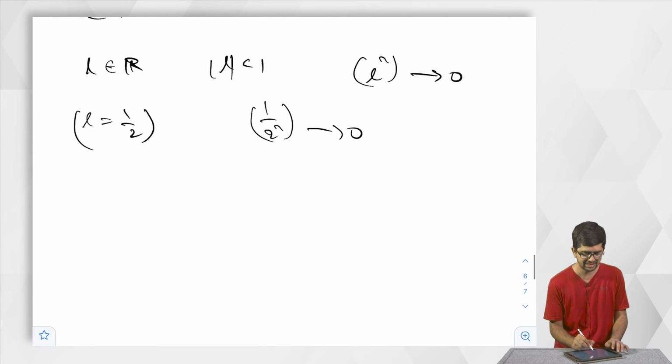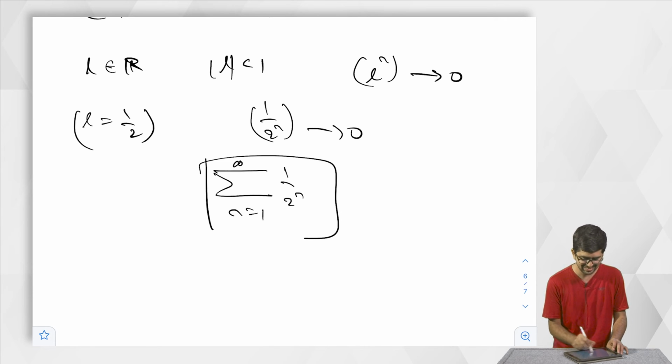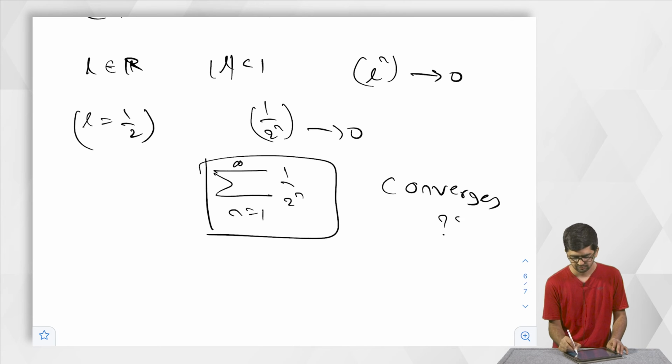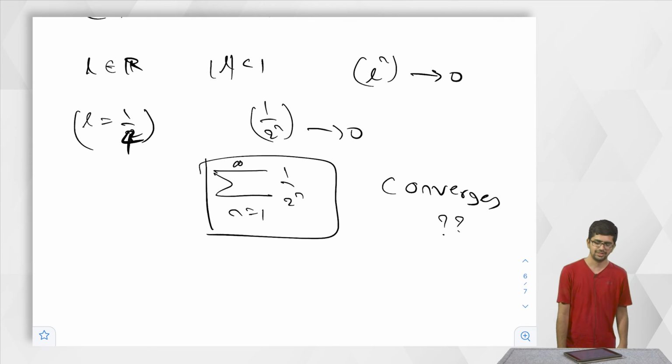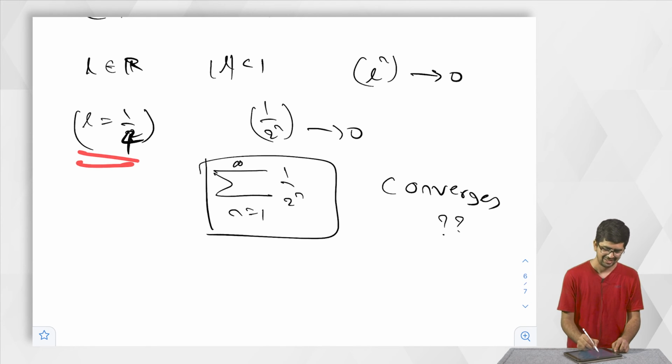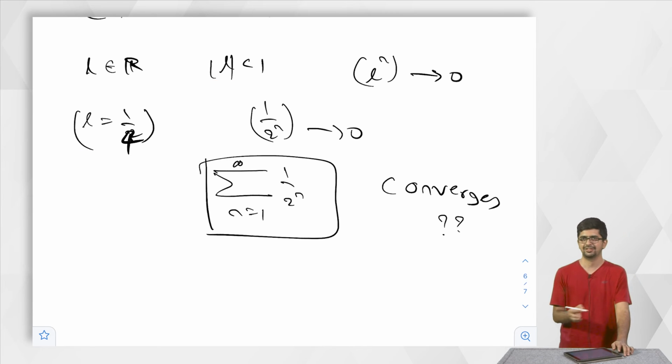Now one can ask whether summation 1 by 2 power n, this series, converges or not. Similarly 1 by 3, 1 by 4, 1 by 50 something. So for any element L, here I am taking only positive elements. For negative elements also one can use a similar thing.